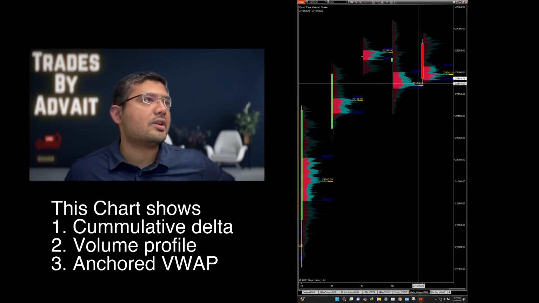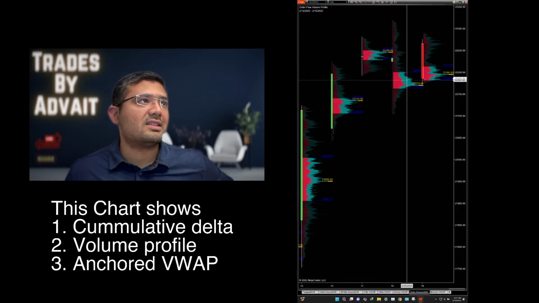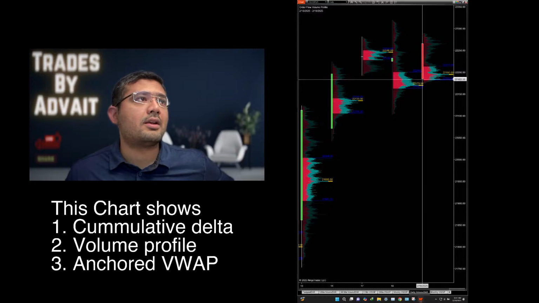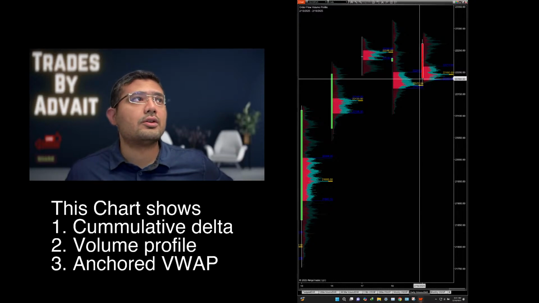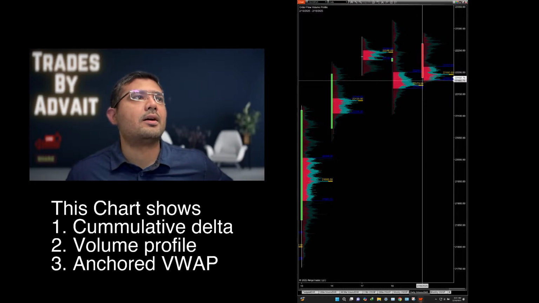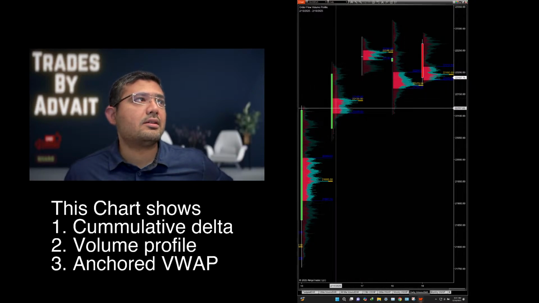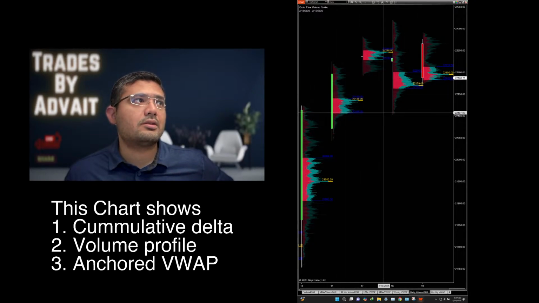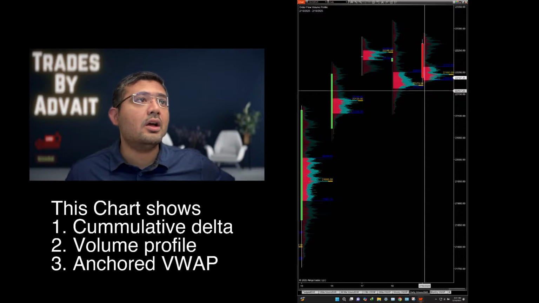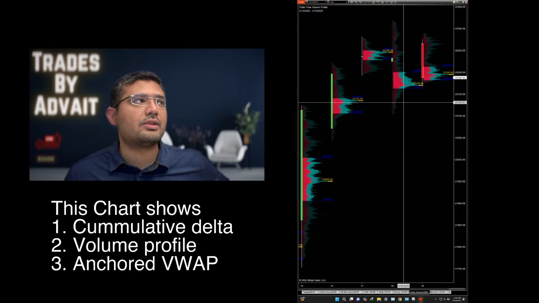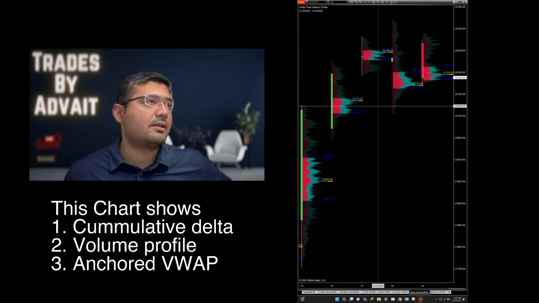So you can see over here that this was yesterday's value area, and we are just holding on to yesterday's value area. Ideally, I would like the price action to test this value area so that I can be more comfortable going long. So that's my thesis.